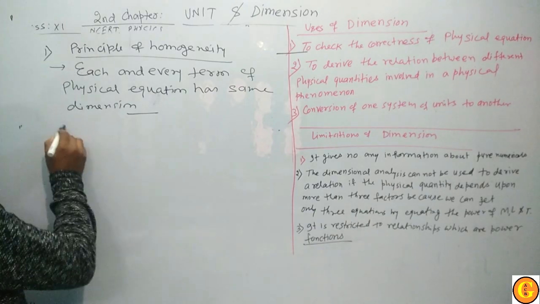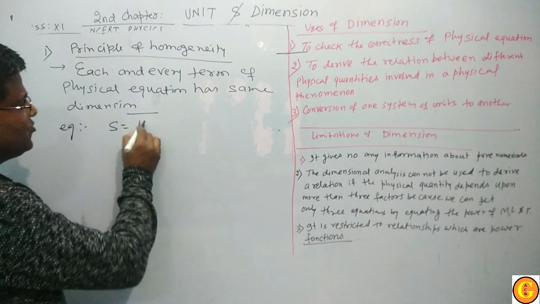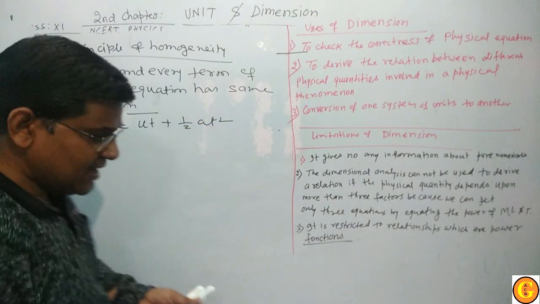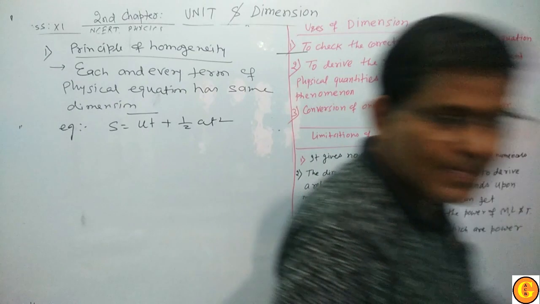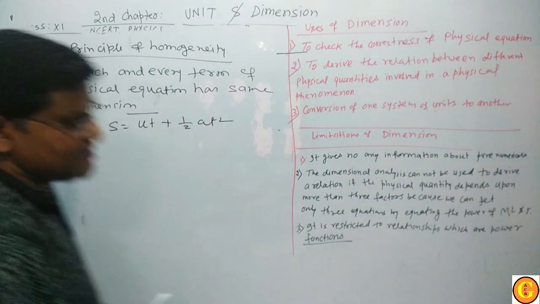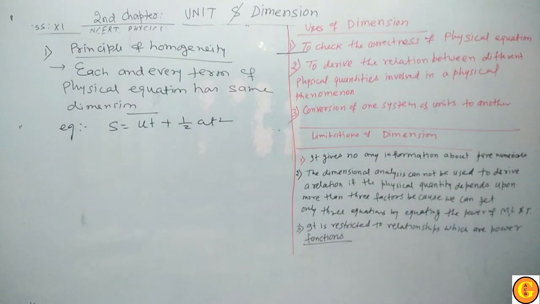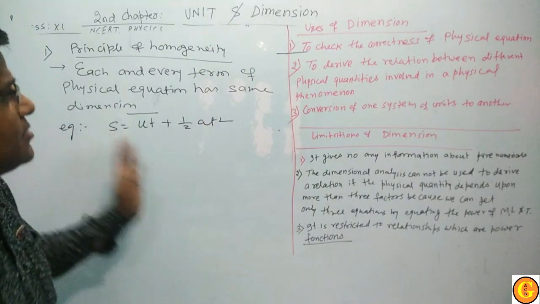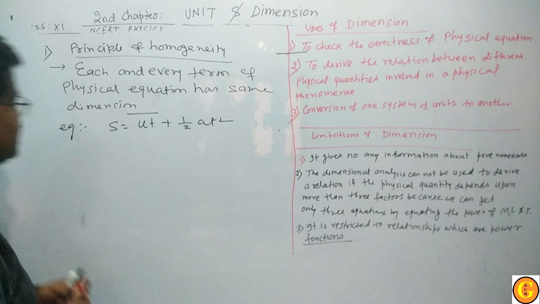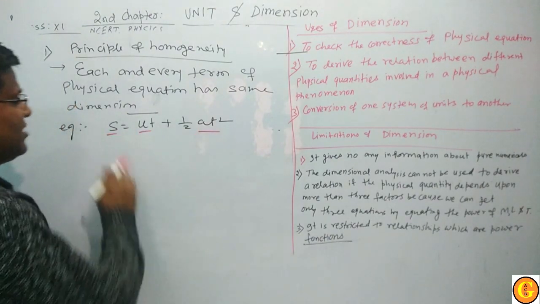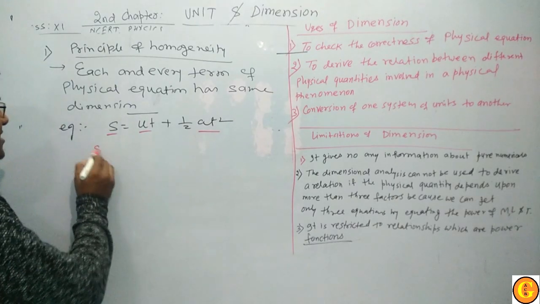Just for example, s is equal to ut plus half at square. Means the terms s, ut and at square all have the same dimension.